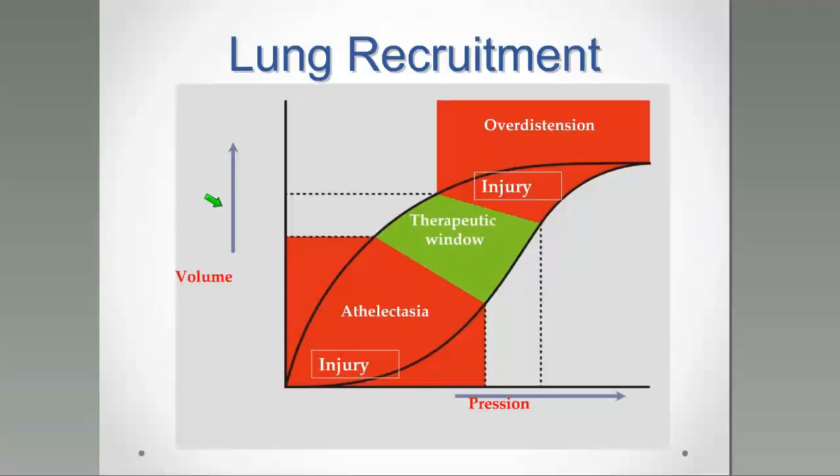And this is the most important approach that we have to remember when we are using high frequency oscillatory ventilation: what we want is to keep the lung inflated all the time. We need to prevent overdistension when we apply pressure, but also we need to prevent atelectasis when we try to decrease the pressure. This is what we call the opening lung strategy.